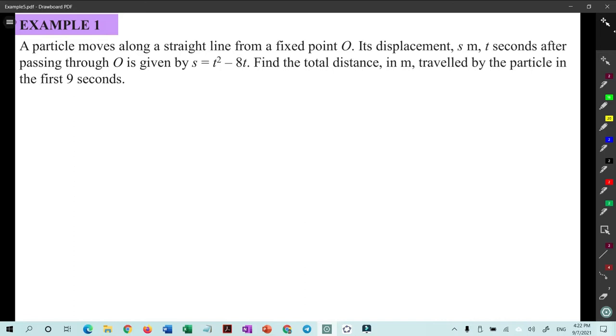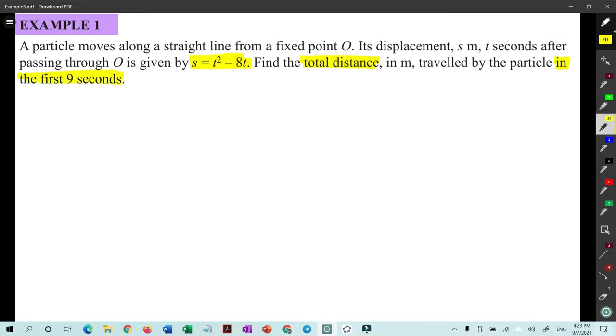So before we continue on the solution, let's find out the keywords in this problem. First of all, we have the displacement function, which is given by s equals t square minus 8t, and secondly, we need to find the total distance in the first 9 seconds.